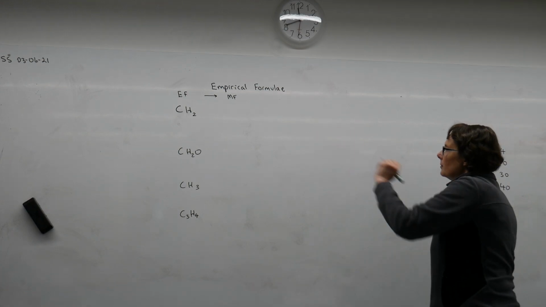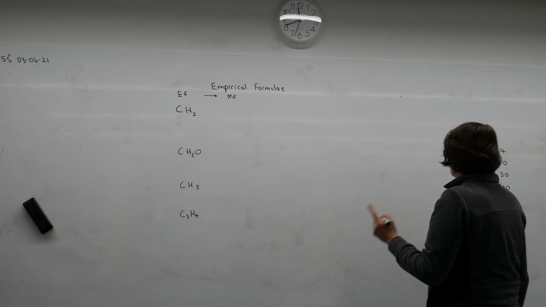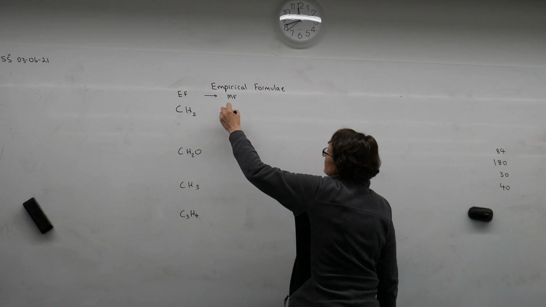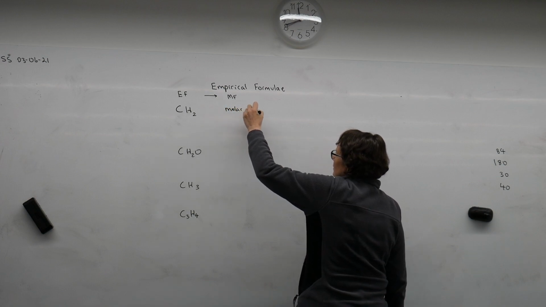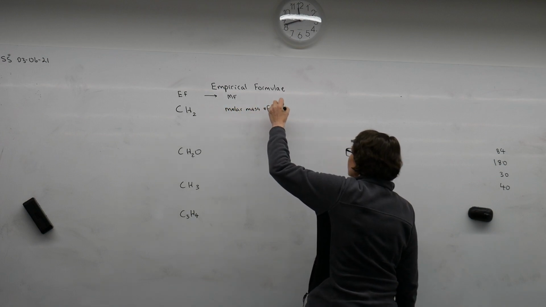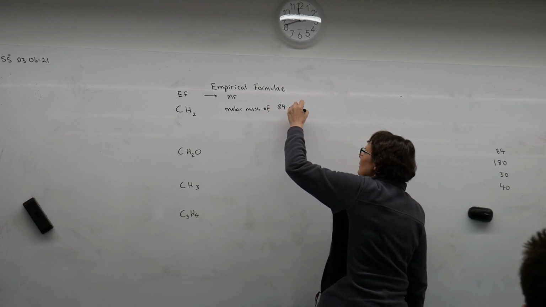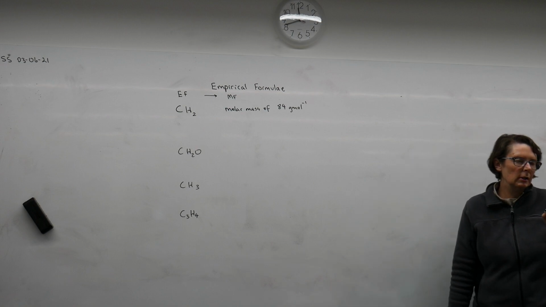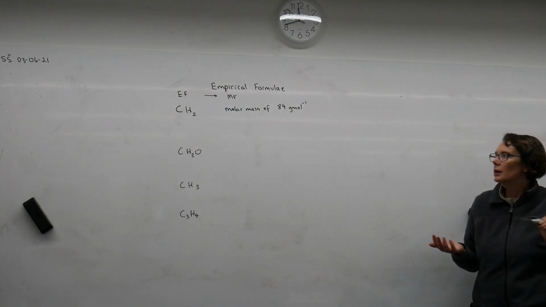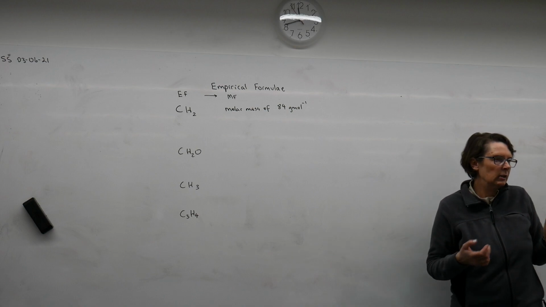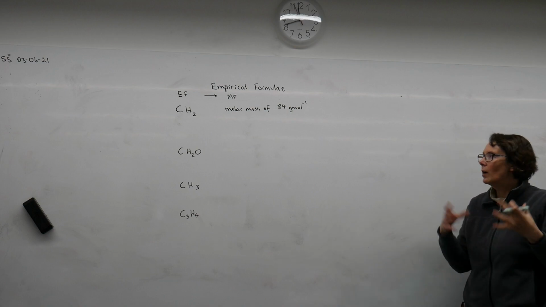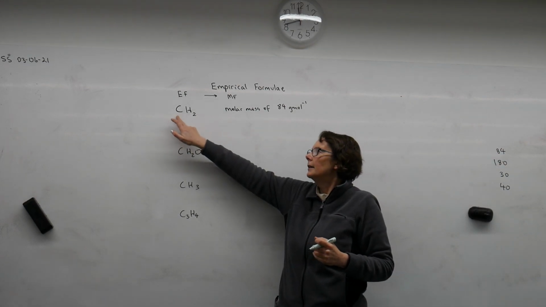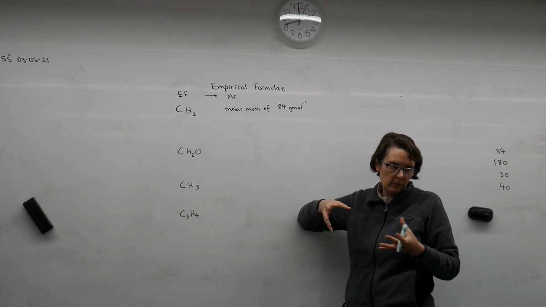So just say that's our empirical formula. What will happen is the question will then tell you the molar mass. Now I know that we haven't talked about moles yet, so just accept at this stage that 84 grams is telling me that I've got 1 mole of my compound, and a mole is a measure of quantity.